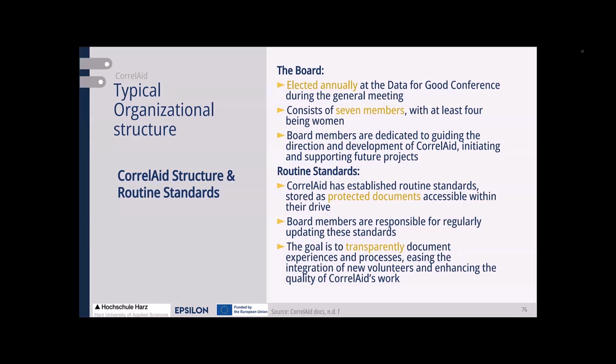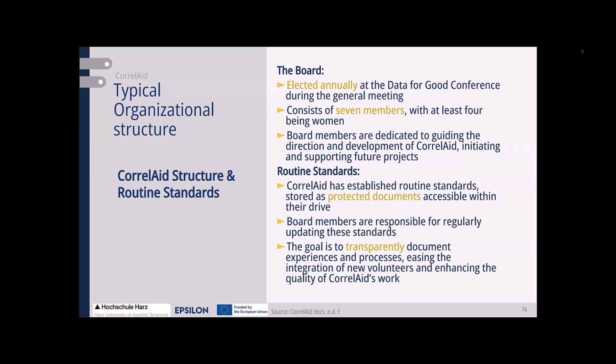If you think about current trends in data science reaching to artificial intelligence, the board members are typically those who define the strategy, how to deal with current developments, and what is relevant for nonprofit organizations.